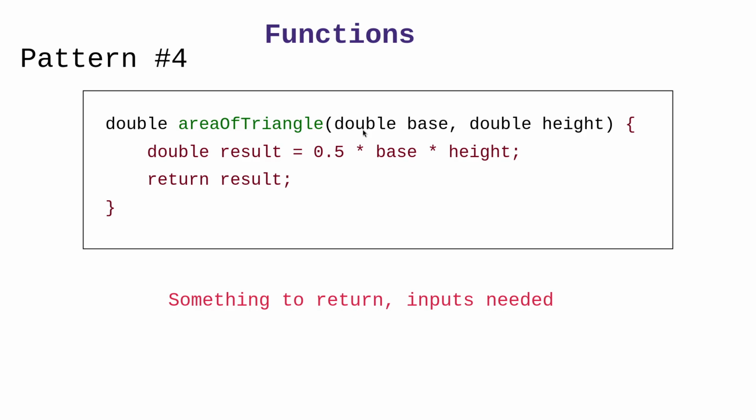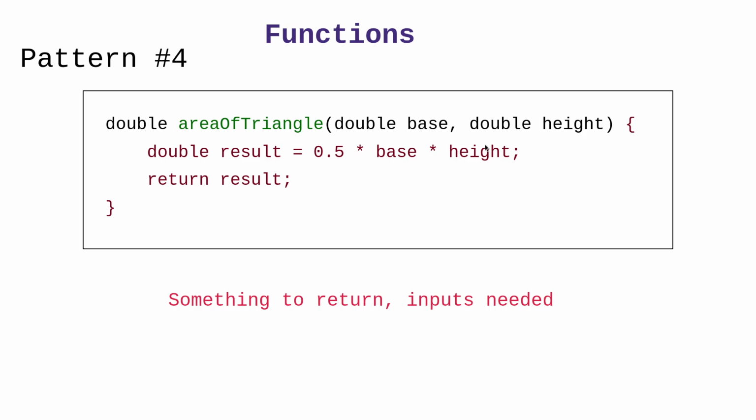This function which computes the area of a triangle takes two parameters, the base of the triangle and the height of the triangle. In addition to having parameters, the function also returns something. So it does both. It returns something and it also expects something. So this is the fourth pattern.